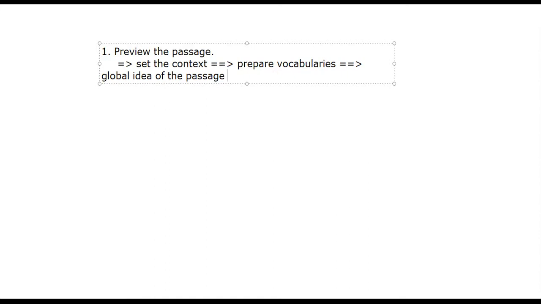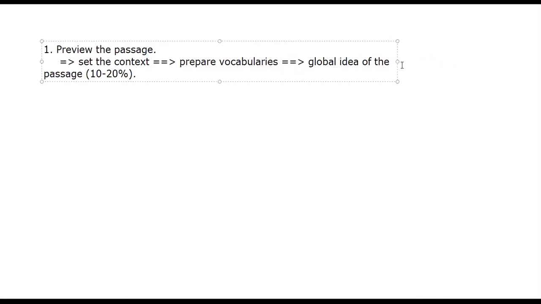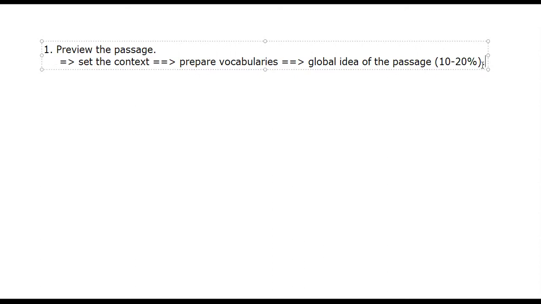It might be around 10 to 20%. Let's say that you only get 10%. That's enough, because what's important is that you understand before you read the questions. You already know what the text is about, so that your brain will help you set up every prior knowledge that you have on the topic. So preview the passage first.